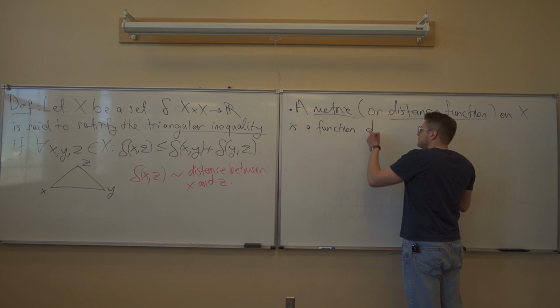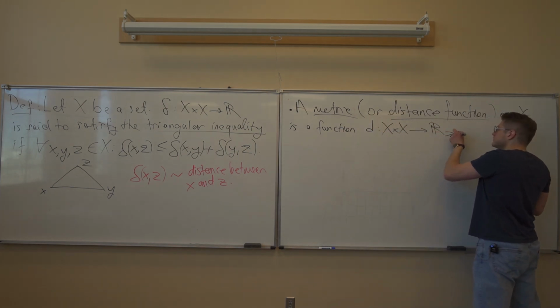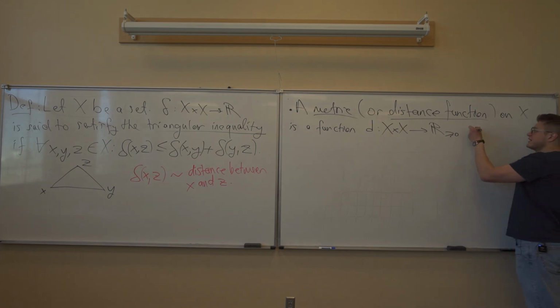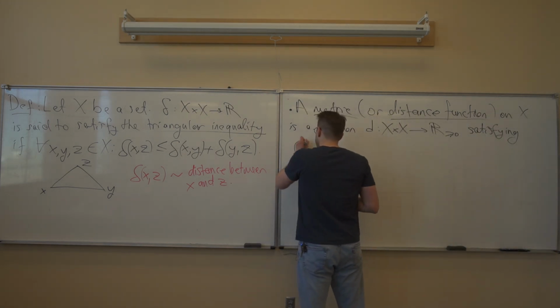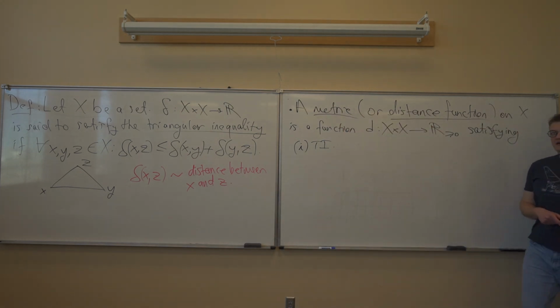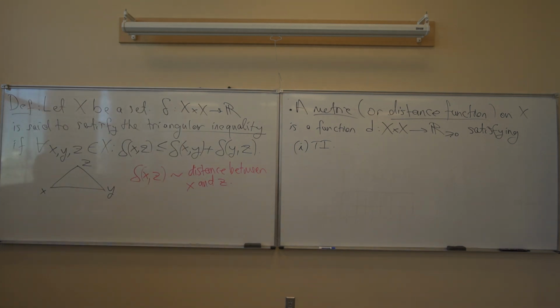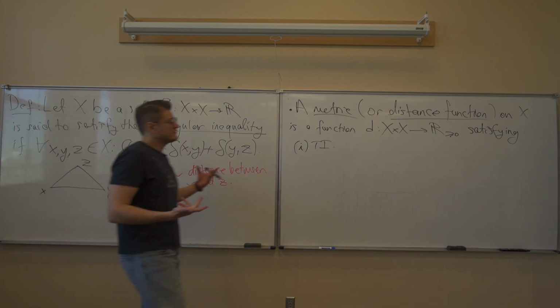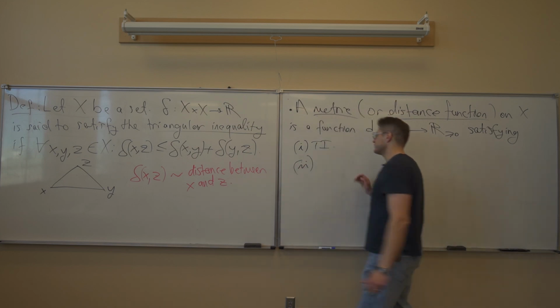So I'm just going to call it d, really, satisfying three things. First of all, it has to satisfy the triangular inequality. Second, well, what are other axioms? Candidate axioms? Well, certainly, no point should have positive distance from itself. It's a silly thing to say, but when you're axiomatizing things, you have to say things like this.